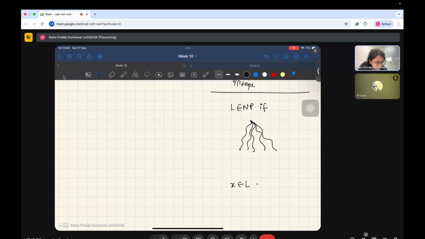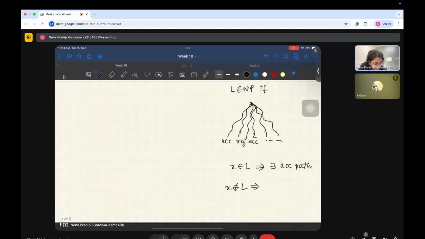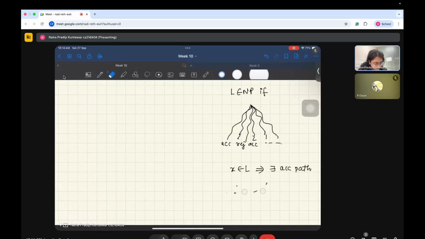If x is in L, then there exists one accepting path. If you look at the computation tree of x, and these are all the paths, if at least one of them is accepting, we're going to accept. In the case of reject, all the paths should say reject.